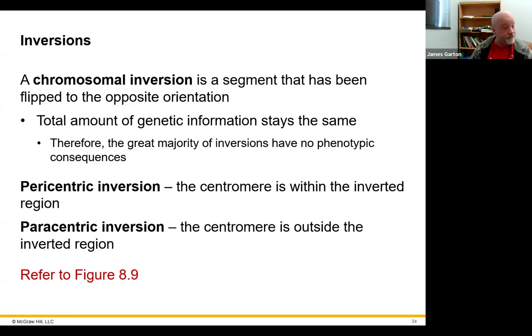An inversion is just a piece of DNA that is now in the opposite direction. If I'm face to face, I say basically, this is the order in which the chromosomes should run. And in an inversion, it's broken, but it's been repaired. It's just now in that orientation.